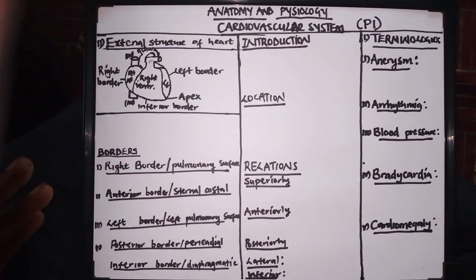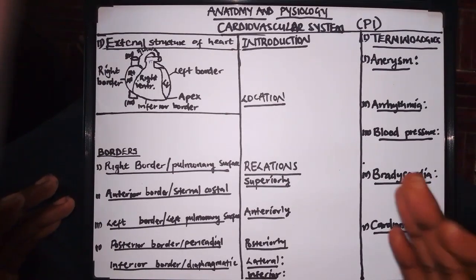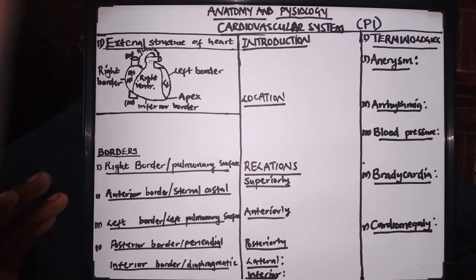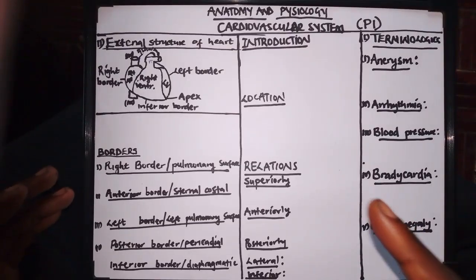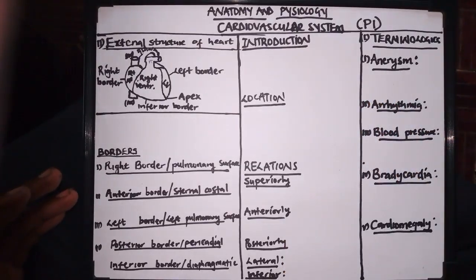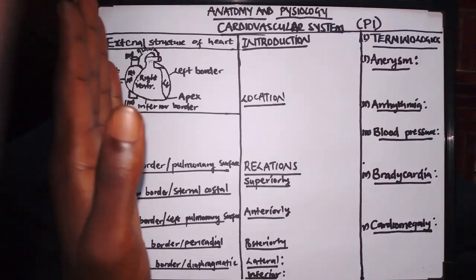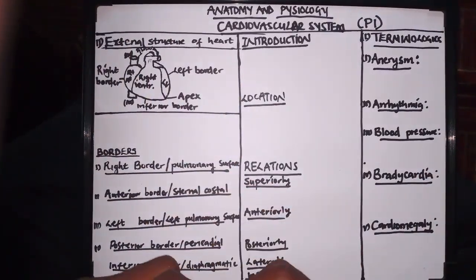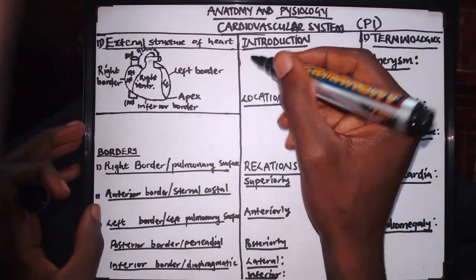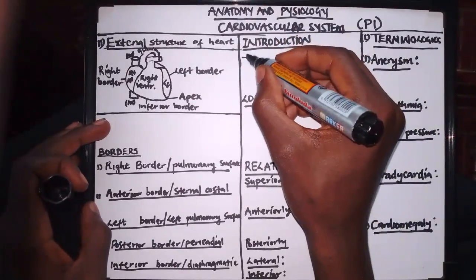We know that blood needs to be pumped around the body, so for that we need a specific system, and that system is known as the cardiovascular system. Because it allows the continuous flow of blood, it is also known as the circulatory system.